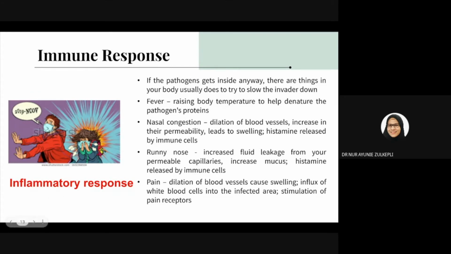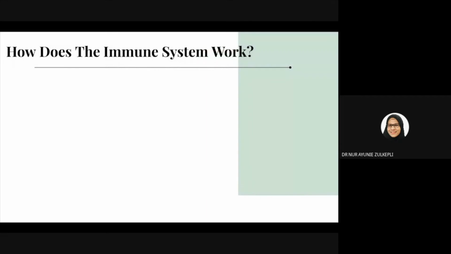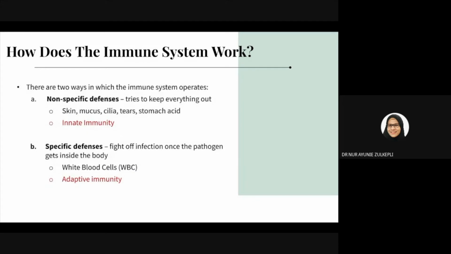Okay, so this is just briefly about the inflammatory response. The inflammatory response involves different types of mechanisms. We will learn it in topic 2 and 3 later. Okay, so I need you to know, how does the immune system work? There are two ways our immune system operates.